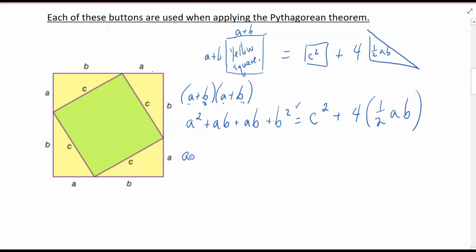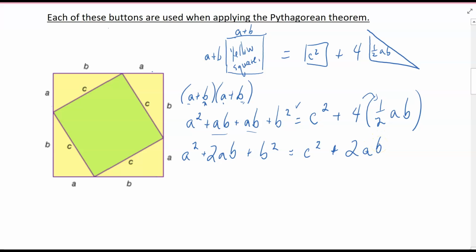a squared plus ab plus ab. Now in algebra, these are called like terms. ab and ab represent the same value. So actually we have 2 times ab, or in short form we call that 2ab. And we have a b squared. This is equal to c squared plus, well, 4 times a half is 2ab.